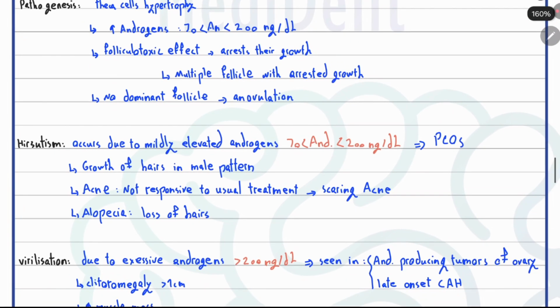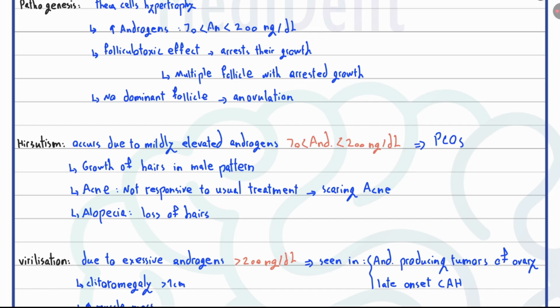And also hirsutism, as I told you, occurs due to mildly elevated androgens. The concentration of androgens is between 70 to 200 nanograms per deciliter. We can see growth of hairs in male pattern on the chin, on the skin, exactly the same as males.